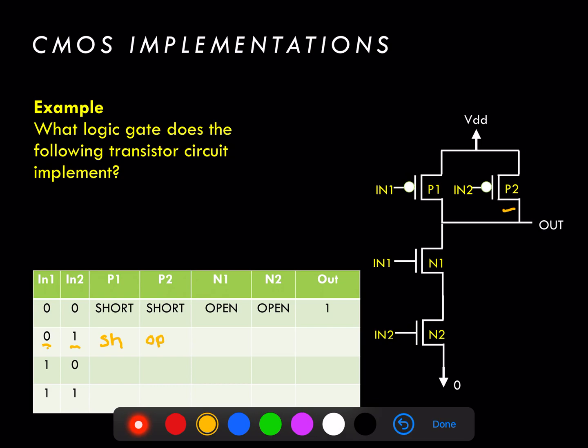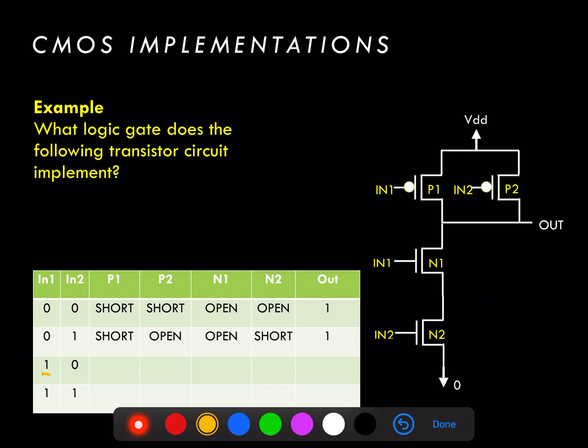On the bottom half of the circuit, when we put an input of 0 into N1, it acts as an open circuit, and when we put an input of 1 into N2, it'll act as a short circuit. So now if we go ahead and replace the transistors with these models that we've determined in the truth table, what we find here is that, again, out is short-circuited to VDD. And in that situation, VDD represents a digital 1, so once again we get a 1 at the output of this transistor circuit.